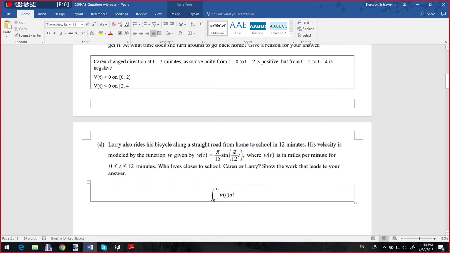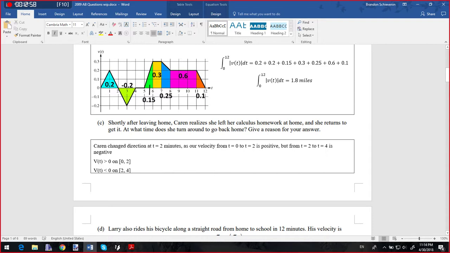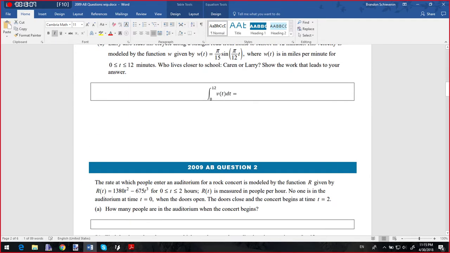Okay, so if I don't take the absolute value, this would look something like this. For our picture, everything stays the same except this positive 0.2 needs to become negative. So I'm actually going to copy this whole equation, and we'll just change that positive 0.2 to a negative 0.2.